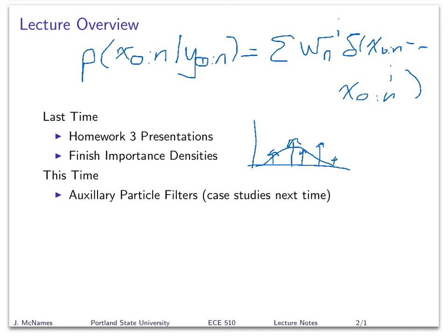I went a little bit fast at the end of the homework presentations last week through the linear filtering. Did you guys have any questions on that linear prediction technique for having a better importance density? It was one way of actually using the measurements to propagate our particles forward rather than letting them just scatter according to the process model. Is that more or less intuitive?